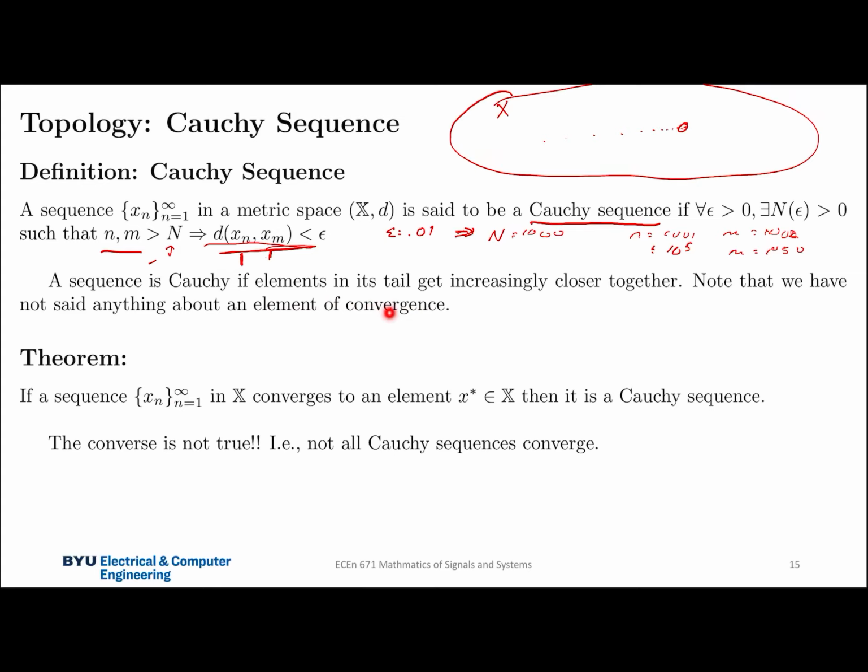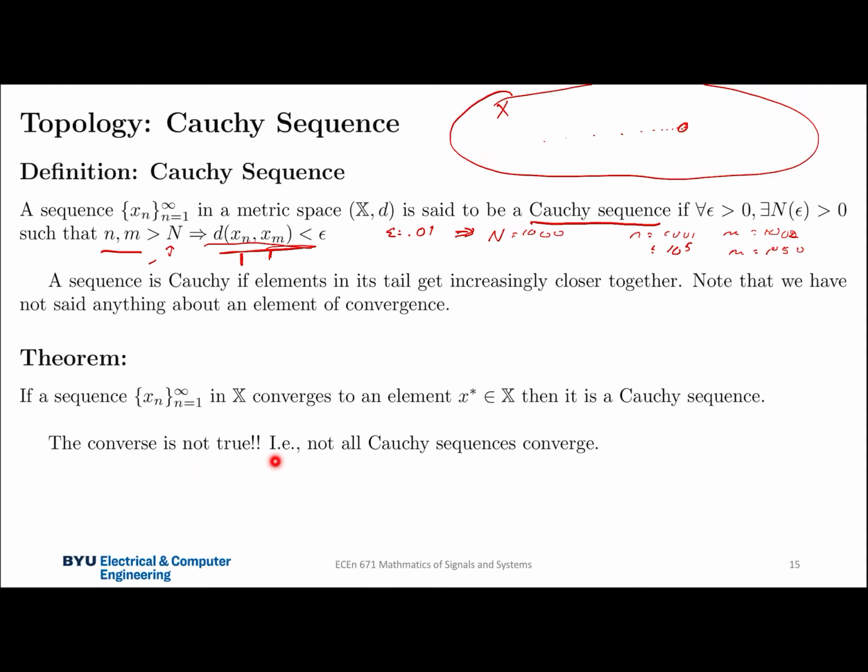That's an important point, because Cauchy sequences may not necessarily converge to an element inside of X. Here's a theorem: if the sequence converges to x star, then it's Cauchy, because it's getting closer and closer to some x star, so all the tail is getting closer and closer together. But the converse is not true. If it's a Cauchy sequence, it may not necessarily converge to some x star.